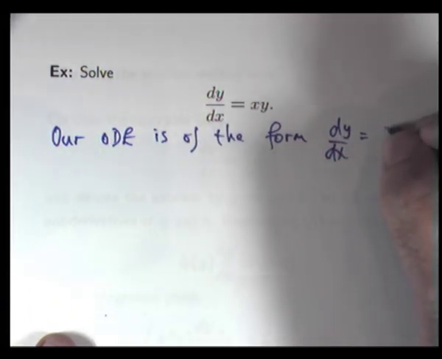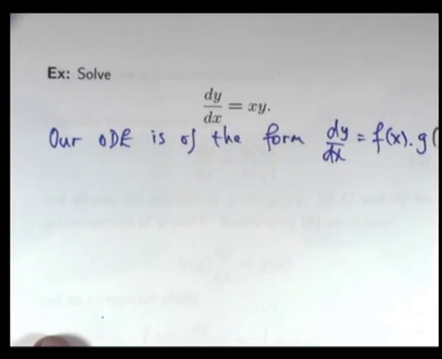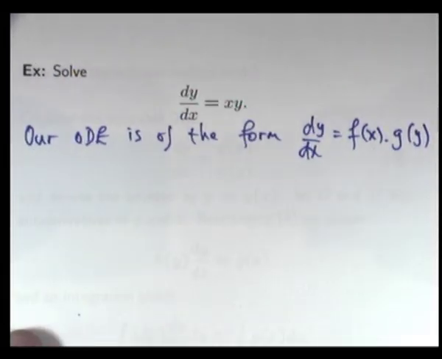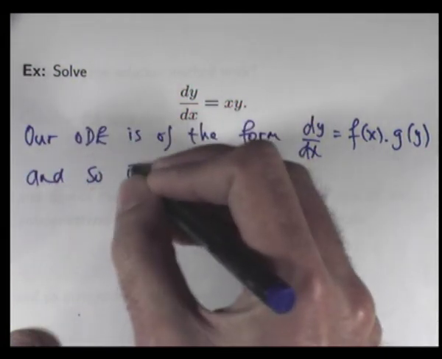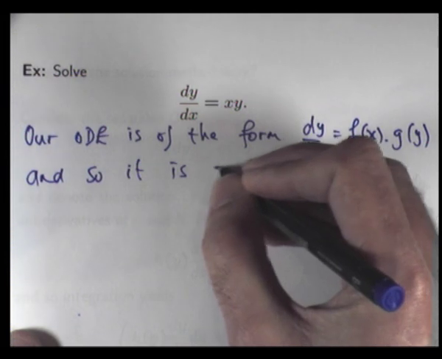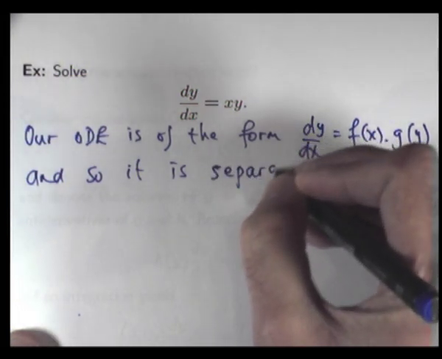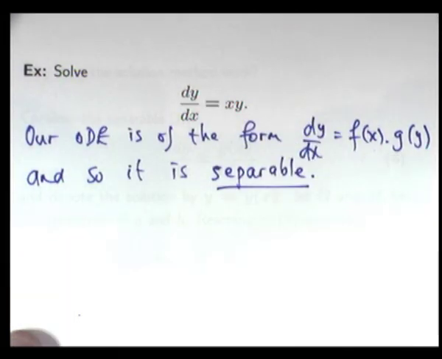Let's say f of x times g of y. And so it is separable.